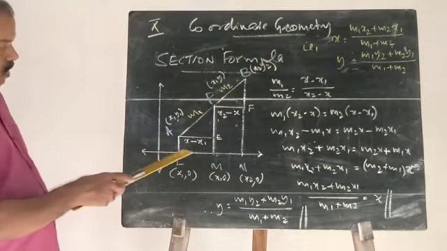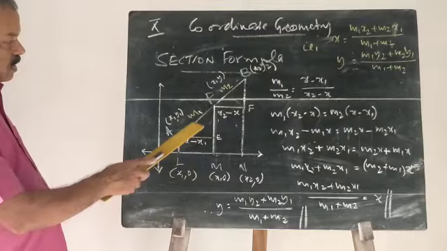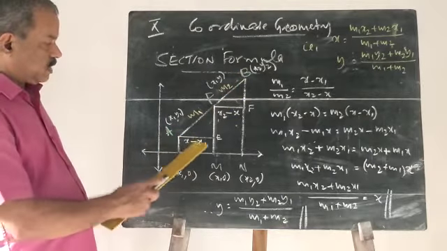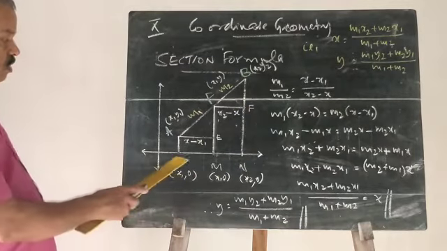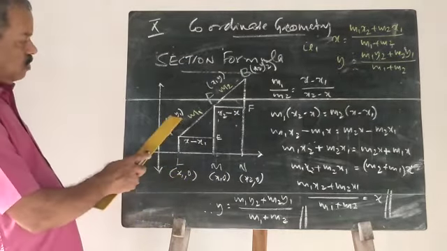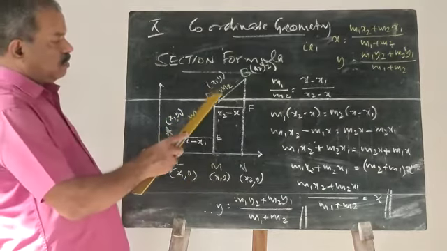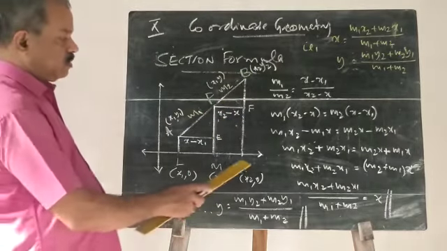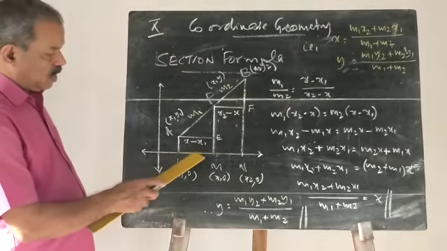Now consider this. What are the coordinates of L? These are the perpendiculars from the points A, P and B to the x-axis. Coordinates of L are (x1, 0), coordinates of M are (x, 0), and coordinates of N are (x2, 0). So these two lines are parallel.